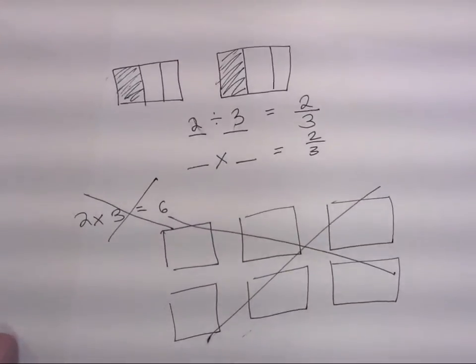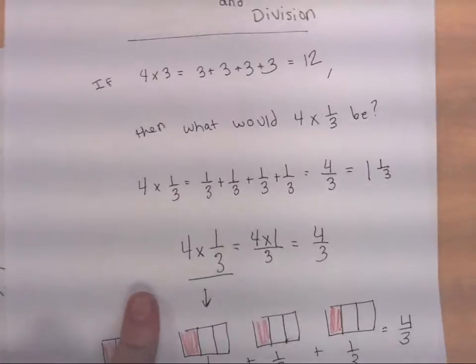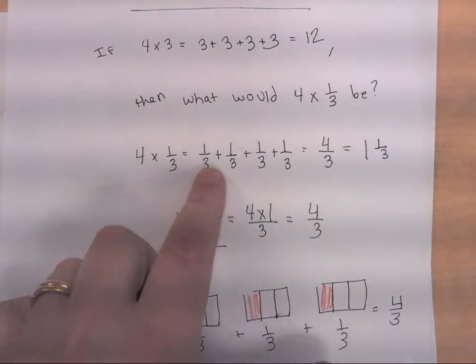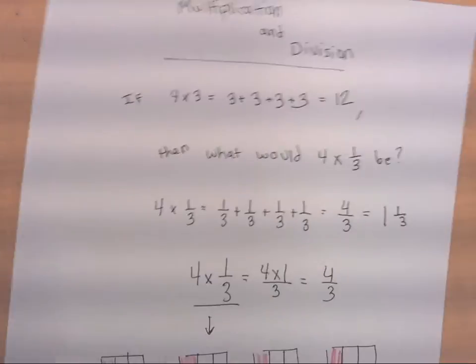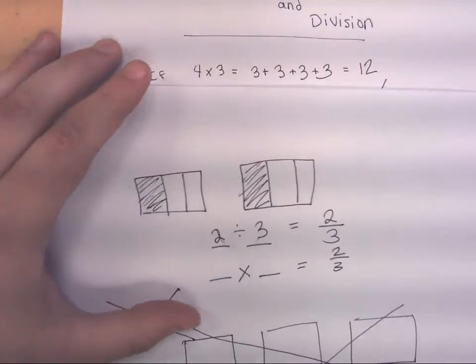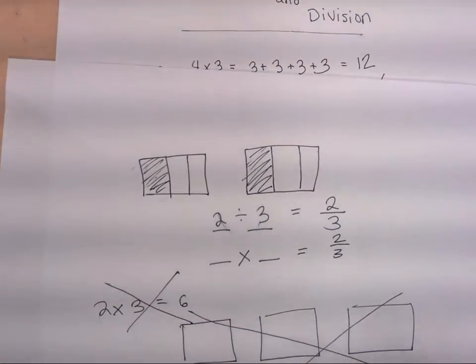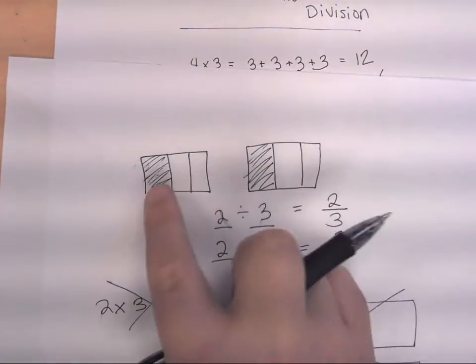Well, I reminded the students, hey, think about this as repeated addition. 4 times 1/3. Remember, it was 4 groups of 1/3, and we added those together to get 4/3. Then it became a little more clear that, wait a second, I have 2 groups, and the value is 1/3 here.